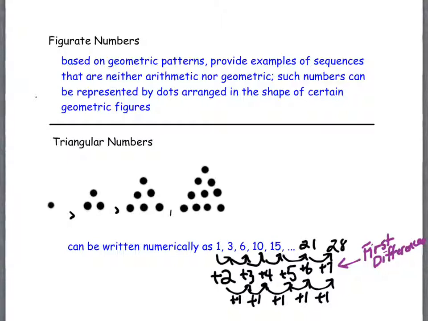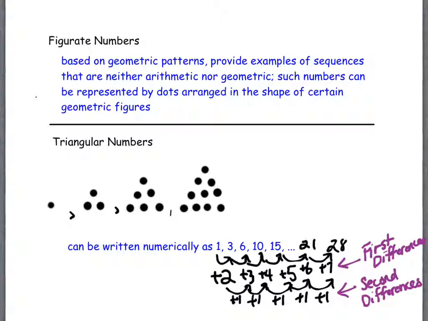So it didn't work on the first differences. It wasn't arithmetic as it started out. The first differences didn't have the same value. However, this second time I did it, affectionately called the second differences, it did work, didn't it?